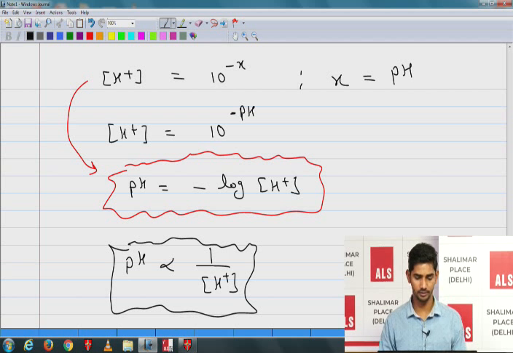Just copy this and confirm once. It's okay, I'll discuss how to check out the logs, because log is very, very useful in electrochemistry, chemical kinetics, and yes, here it is most important. Just copy and then confirm.